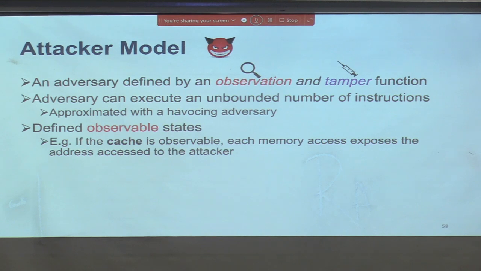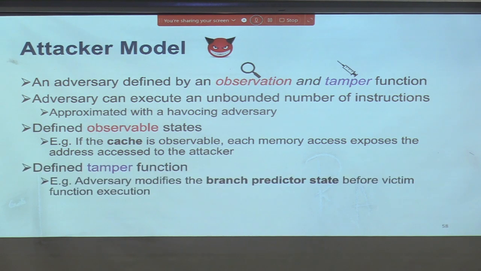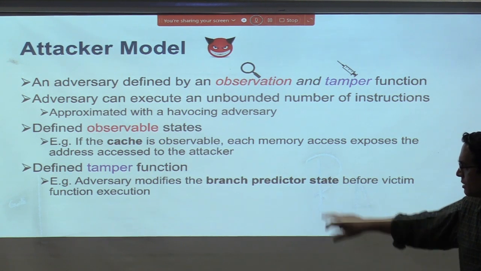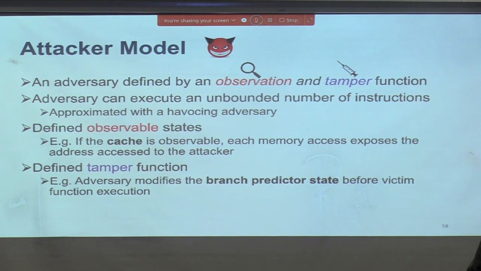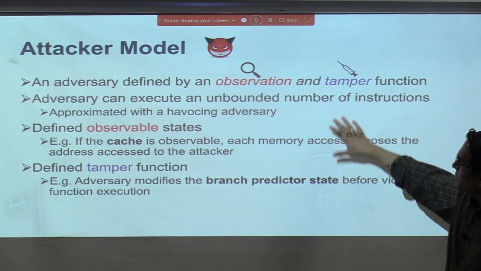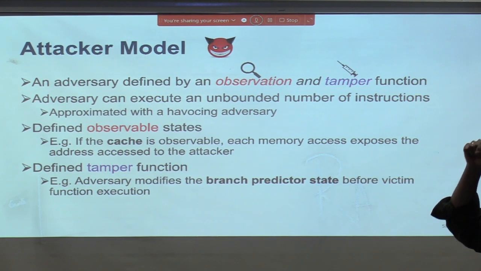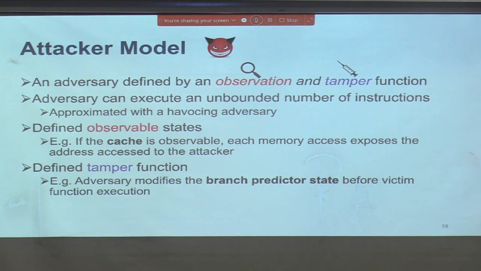In other variants, there are other things like the branch target buffer or other microarchitectural data structures that are observable. And similarly, for the tamper function, in Spectre variant 1 what the adversary can modify is the state of the branch predictor to make it go down a path. Okay, so all of these things, like the observation function and tamper function, we define more abstractly so that it applies not only to a specific variant of Spectre but to a whole family of those kinds of attacks.